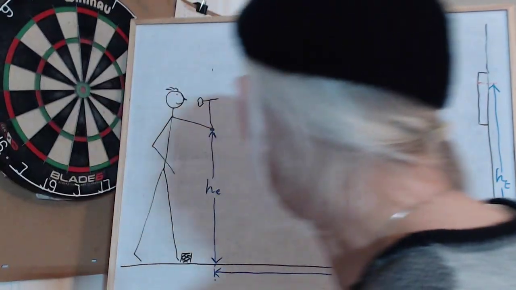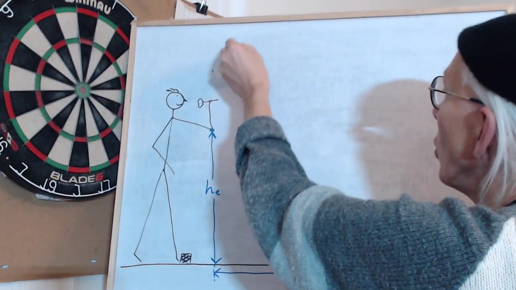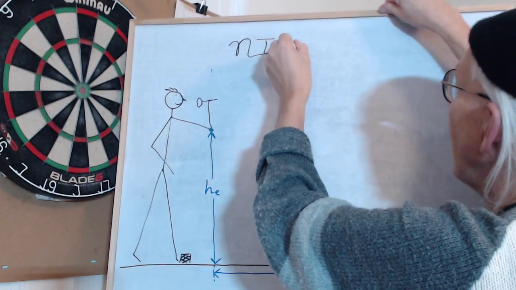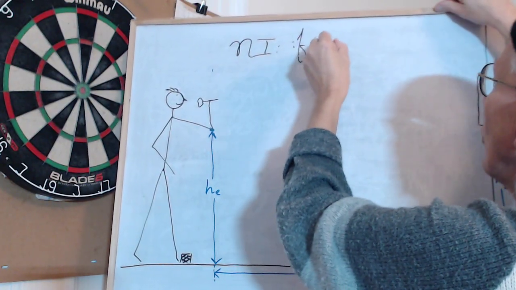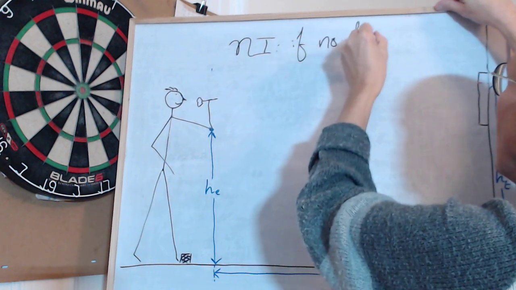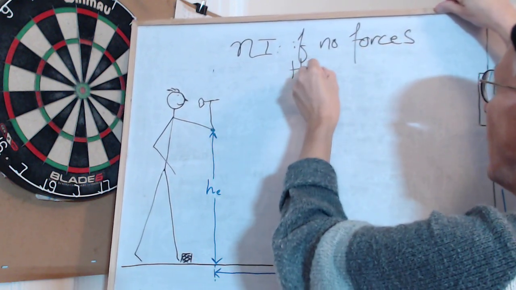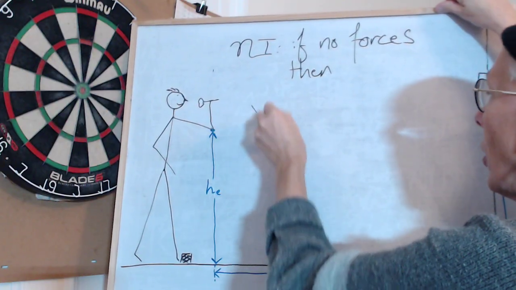So let's write that down. This is Newton's first law of motion, let's call it N1: if there are no forces, then the velocity is a constant.